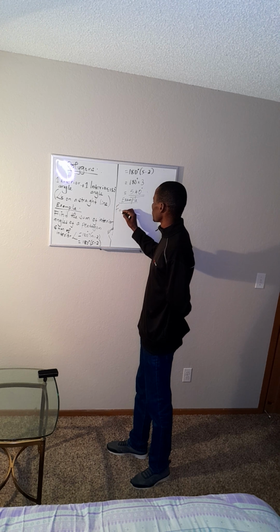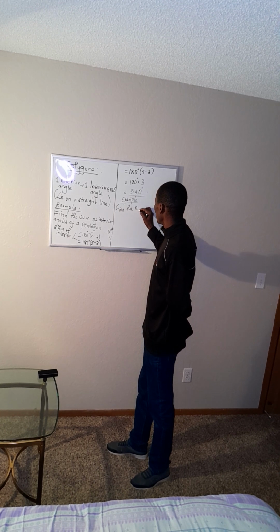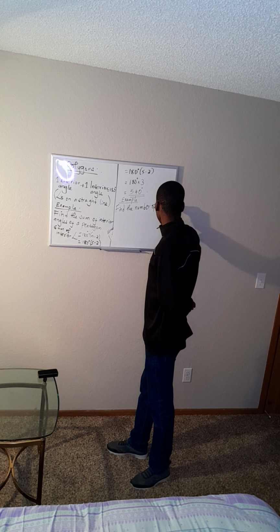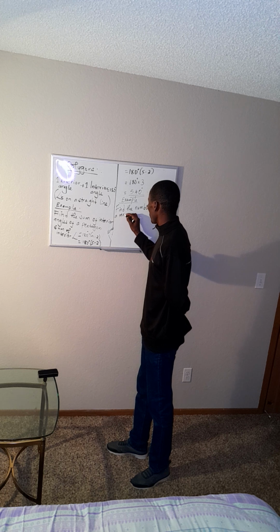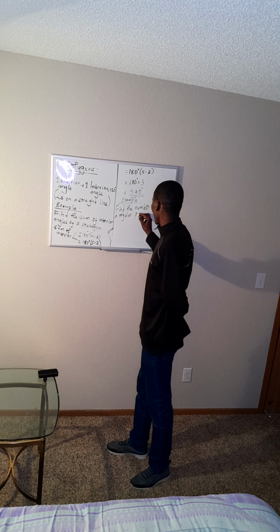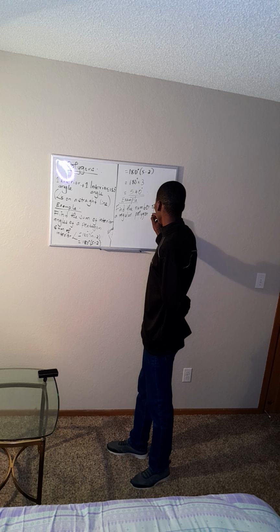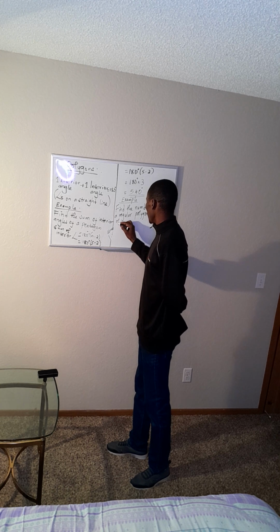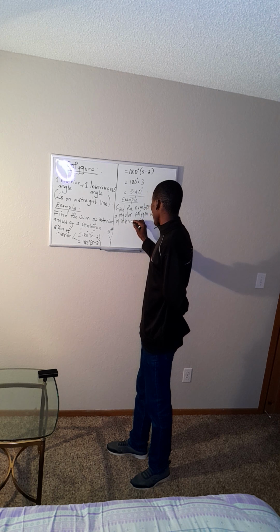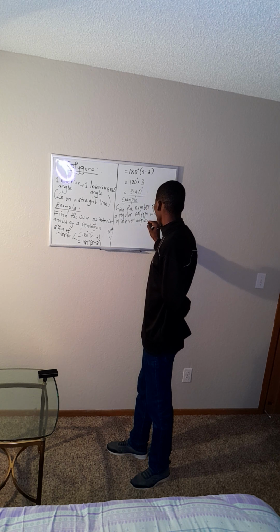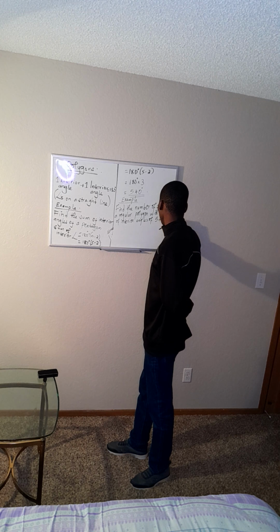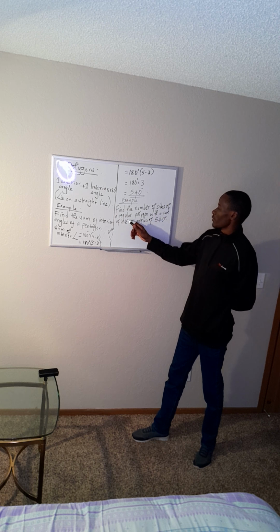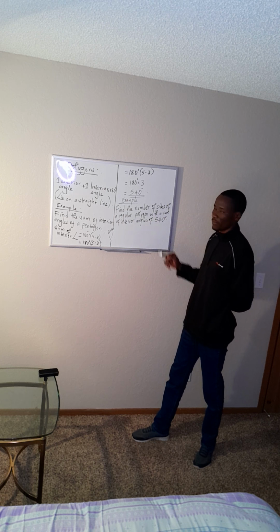Find the number of sides of a regular polygon with a sum of interior angles of 540 degrees. So here we are being asked to find the number of sides of a regular polygon with a sum of interior angles of 540 degrees.